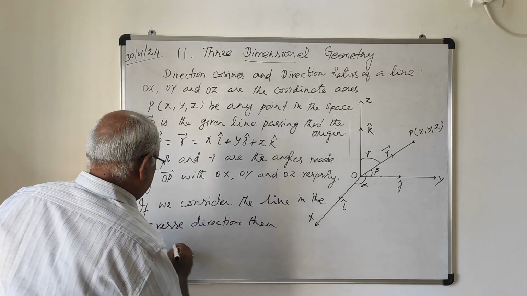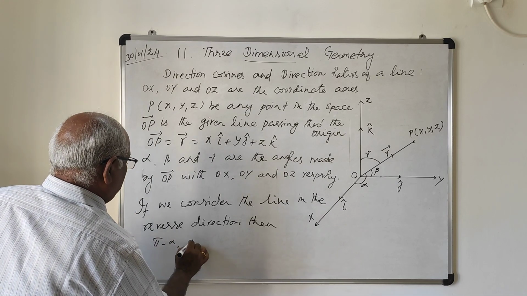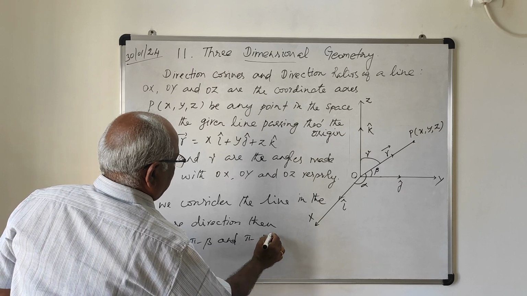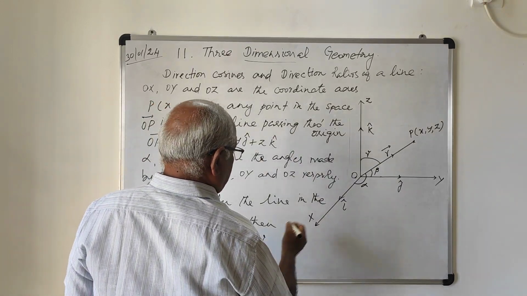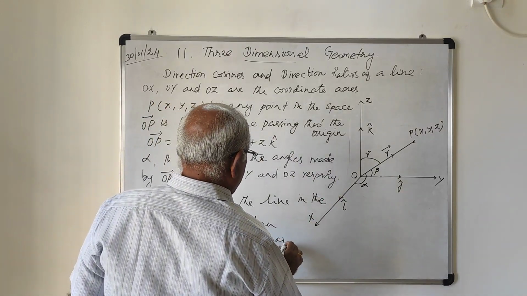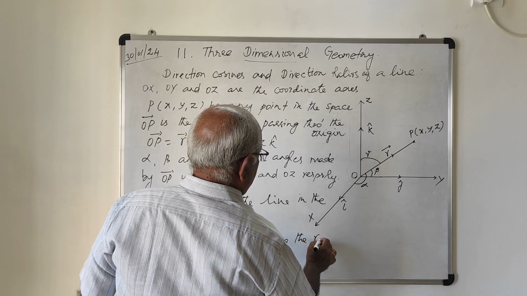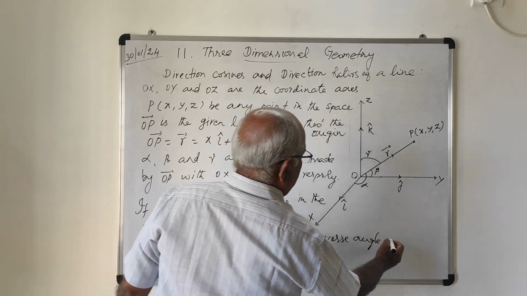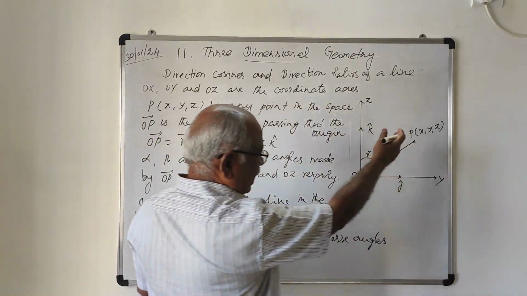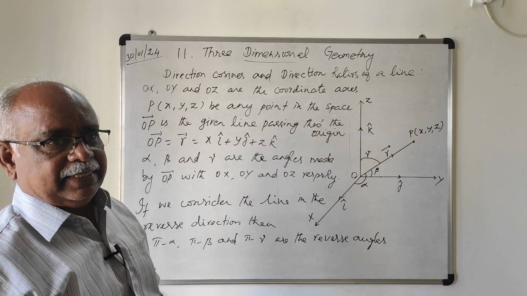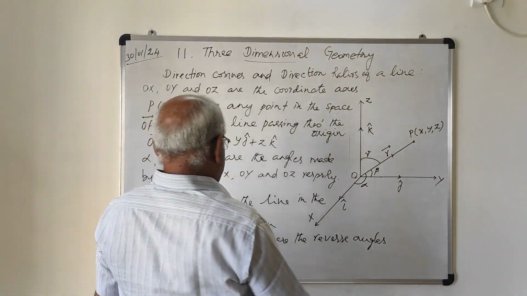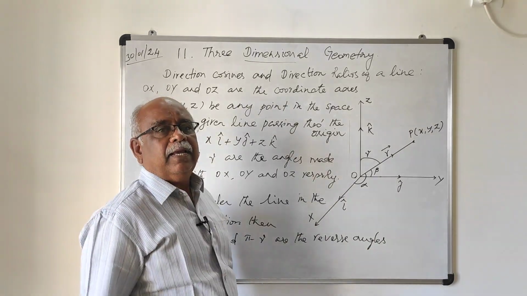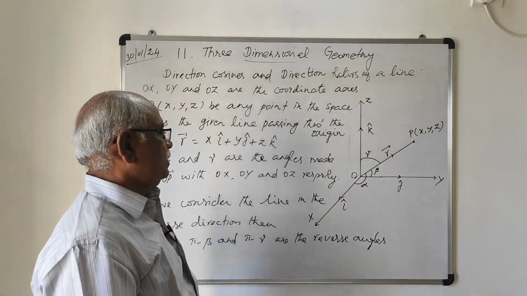Then pi minus alpha, pi minus beta and pi minus gamma are the reverse angles made by the line PO with the coordinate axes. These are the things.